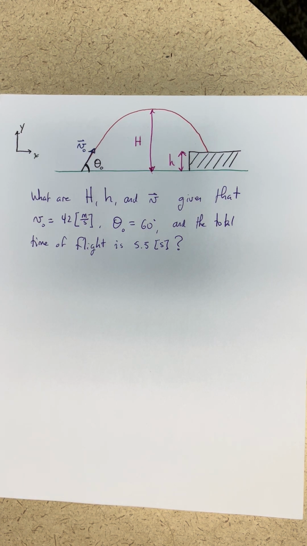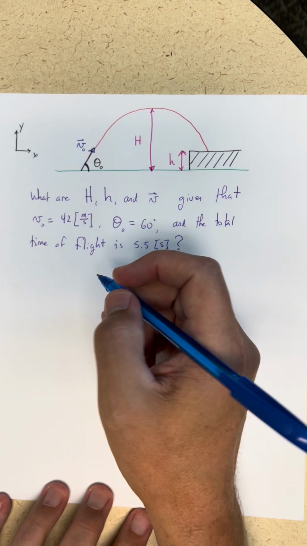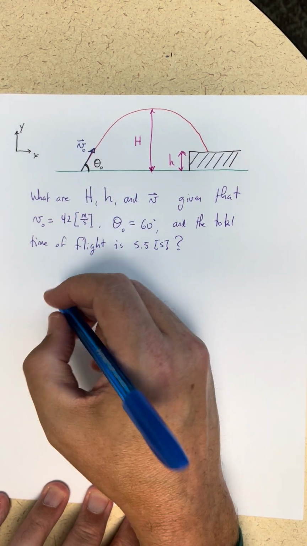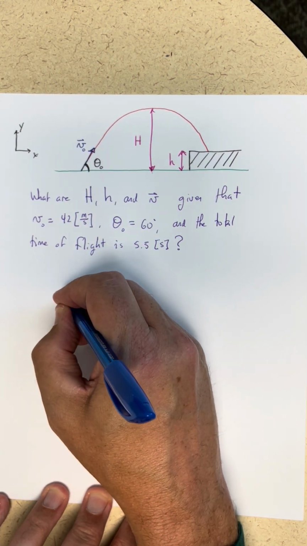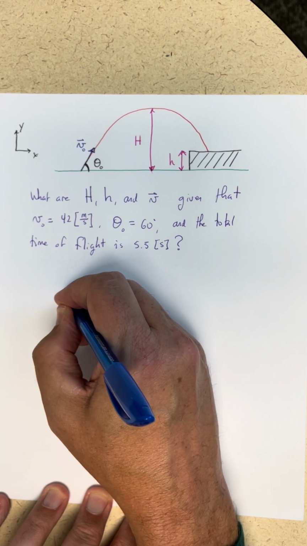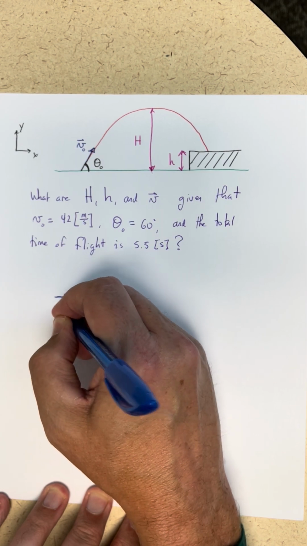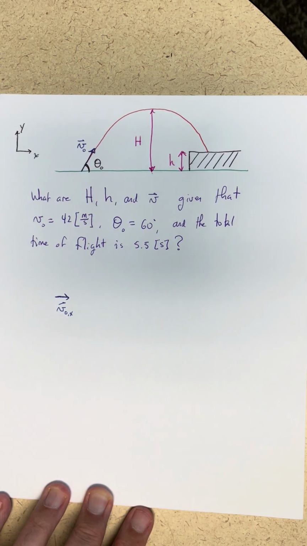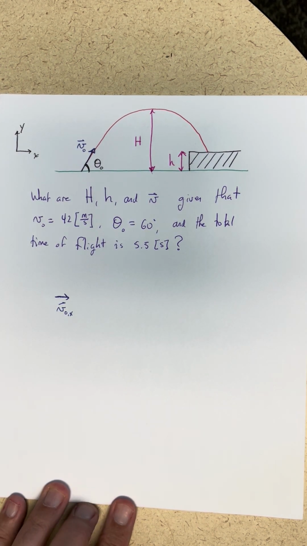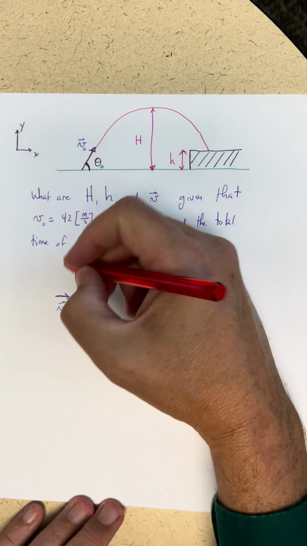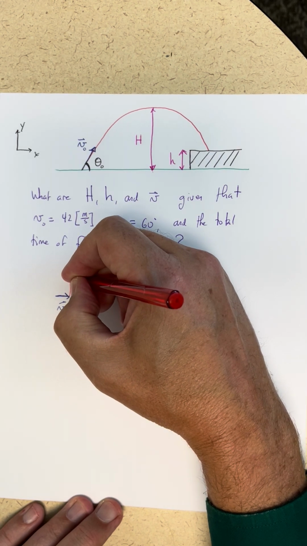The first thing, I want to split that velocity vector up into its components. So it is initially partly going to the right. So v0, the x part, and at 60 degrees, it's mostly going up.